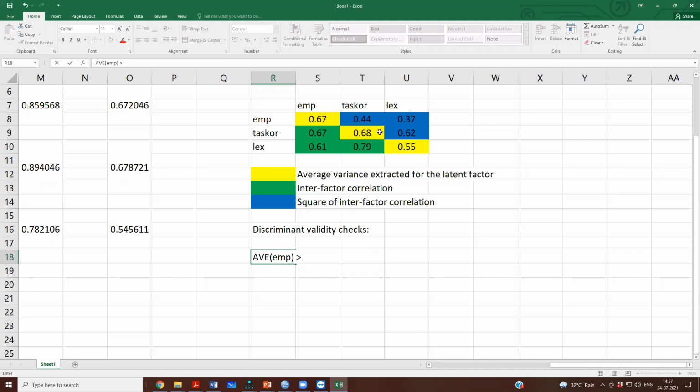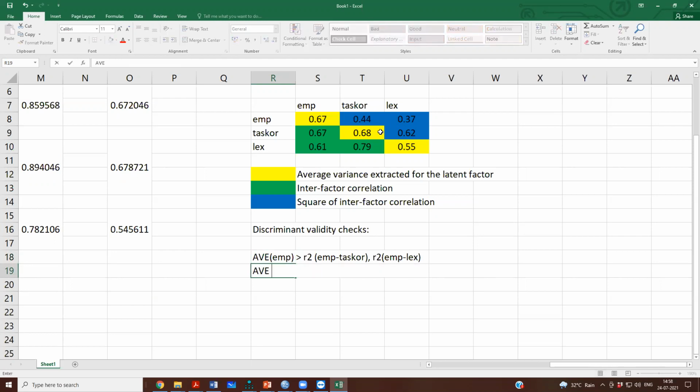So let me call this R square of EMP with task orientation, and R square, the correlation square of EMP with LEX.